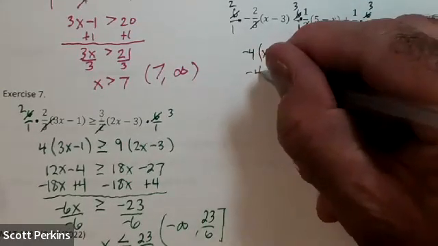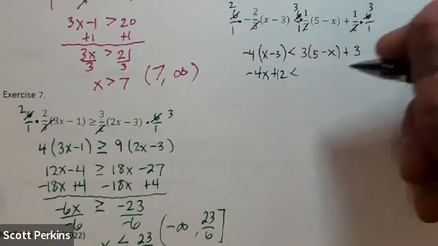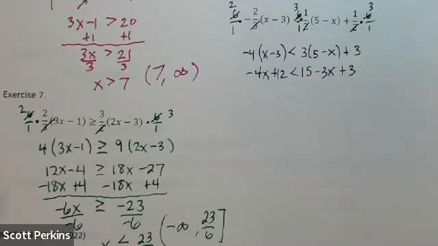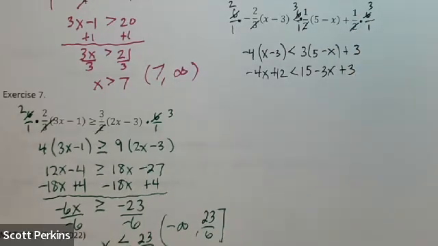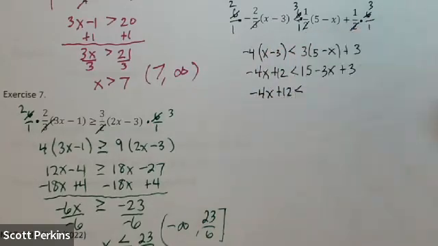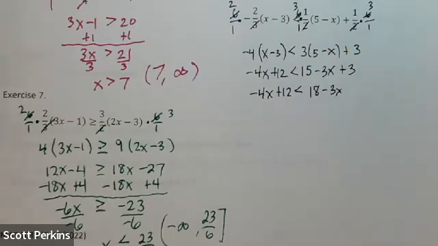I have negative 4x plus 12 when I distribute, less than 15 minus 3x when I distribute, plus 3. I do have a pair of like terms. 15 plus 3 is 18 minus 3x, or negative 3x plus 18. The order of those two terms does not matter at all.